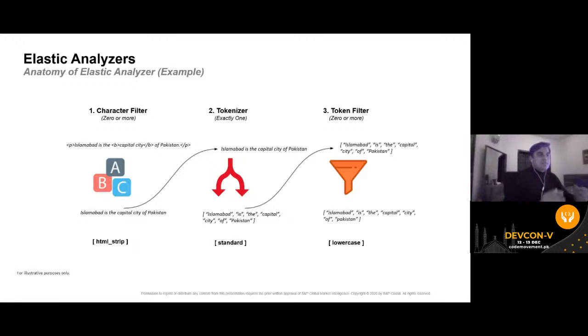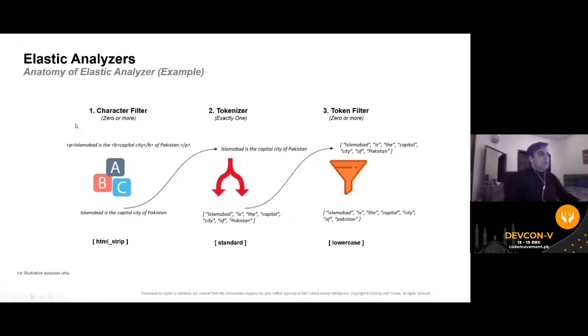So if your search string has one of these keywords, this document would appear in almost every search out there, because these connecting words usually exist in almost every text. That's why I said the way you configure your analyzer defines how your search would behave, and if the output of the index analyzer somehow matches the search analyzer, then that document would appear in your search results. So this was just an example.